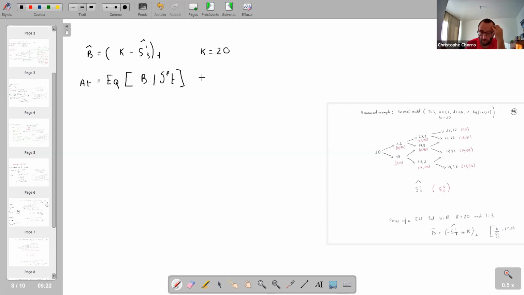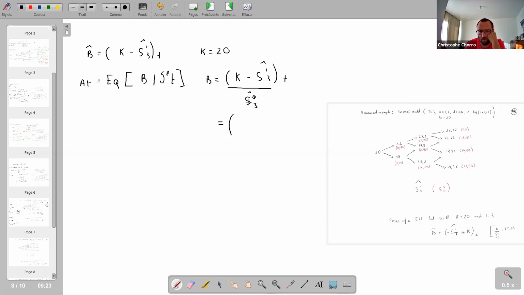Okay. In particular, my B is equal to what? It is (K − S₁³_T)⁺ divided by S₀³_T, and so I can do the computation.